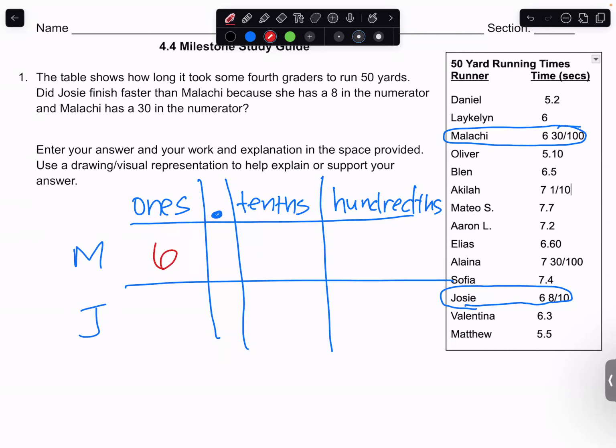That's a whole. Remember, our whole numbers are on the left side of the decimal. And then 30 hundredths. Josie has a whole of 6, our decimal here, and then she has 8 tenths. So the 8 falls in the tenths place, and I can add a 0 as a placeholder.